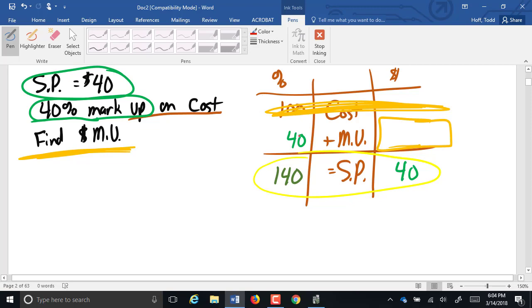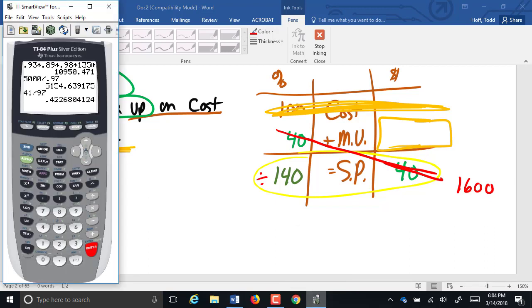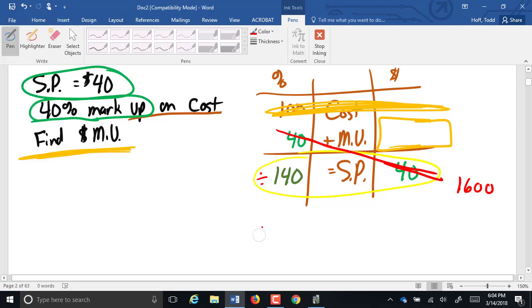What two numbers are diagonal to each other right now? 40 and 40. So we multiply 40 times 40, which is 1600, and we divide by the 140. 40 times 40 divided by 140 is 11.4285. 11.43 we'll call it, $11.43. That was the dollar markup on that item.